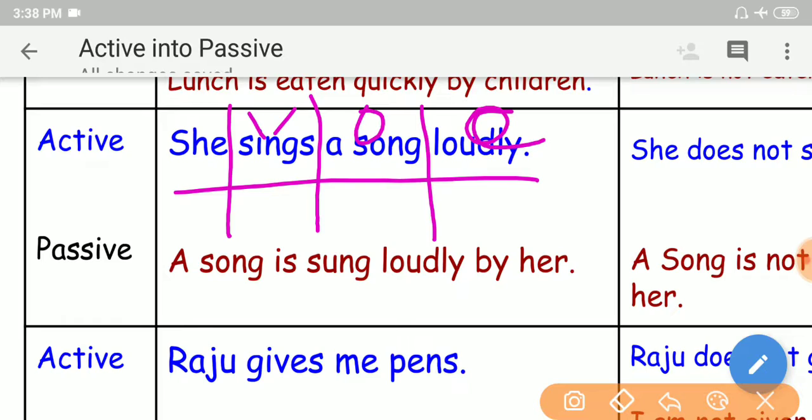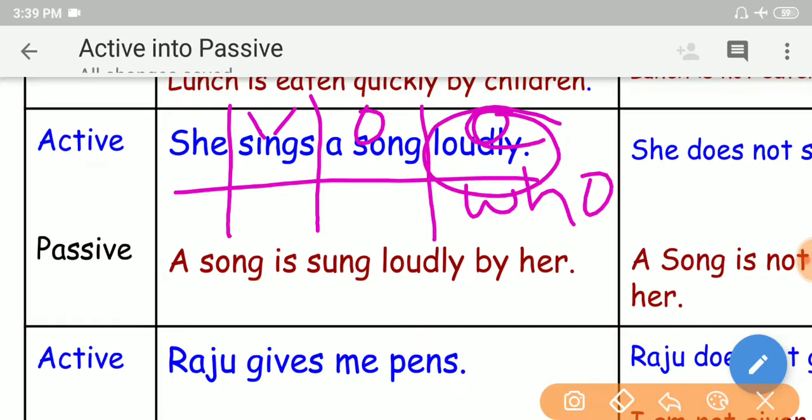You can ask, how is it a complement? Because when you frame this underlined word as the answer, it does not answer the question who or what. This one we have already discussed in the last video, my dear friends. So if it answers the question who or what, that is the object.